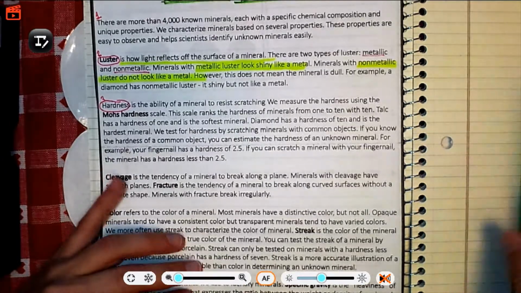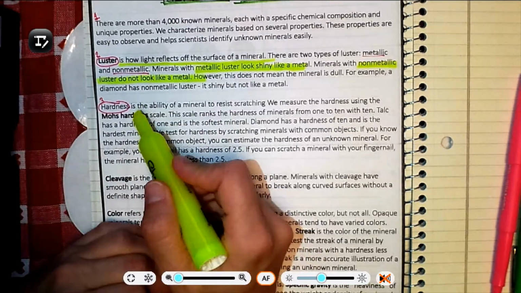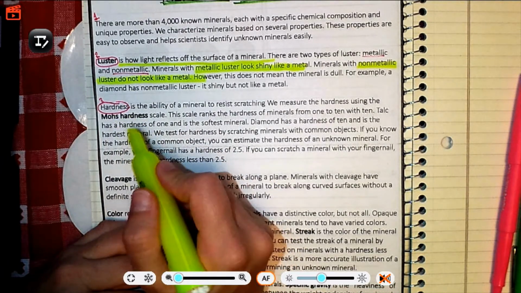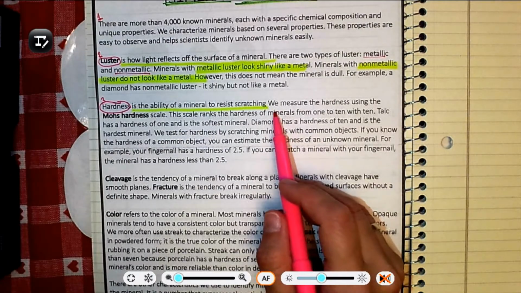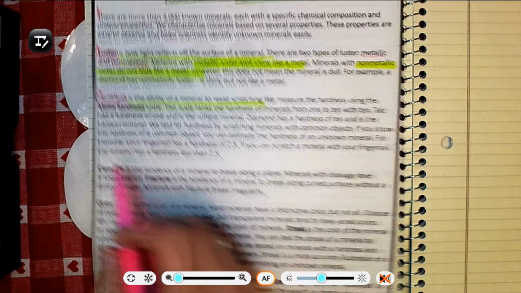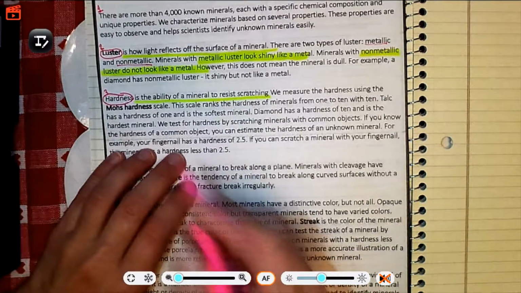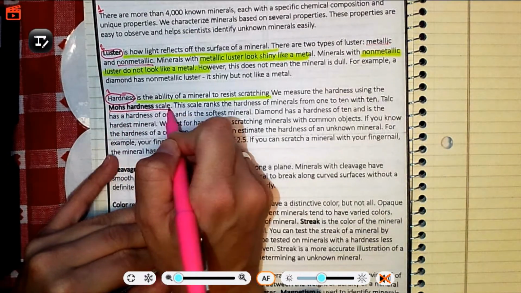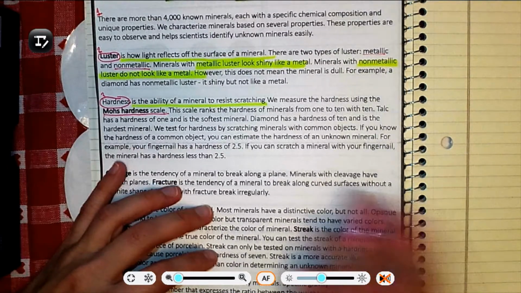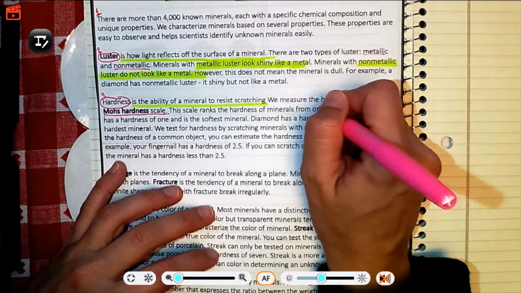So hardness is the ability of a mineral to resist scratching. We measure the hardness using the Mohs hardness scale. So Mohs is an old dead guy. The scale ranks the hardness of minerals from 1 to 10.